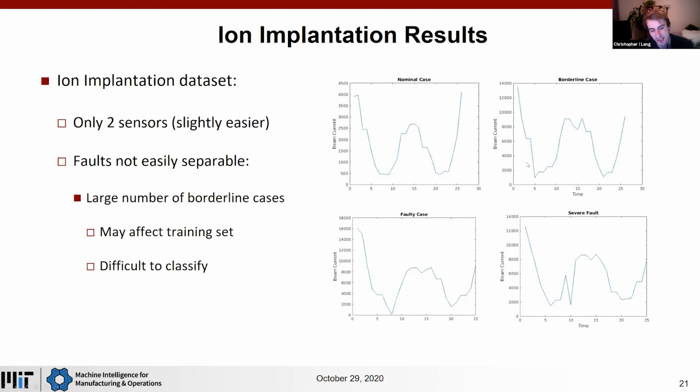Talking to the process engineers, they said this isn't good, but it's not going to kill a run in the same way that a very severe fault like this one will. So they wouldn't really classify it as a true fault. What made this more difficult is the large number of these borderline cases, which really are good, but are very similar to some of the faulty cases.